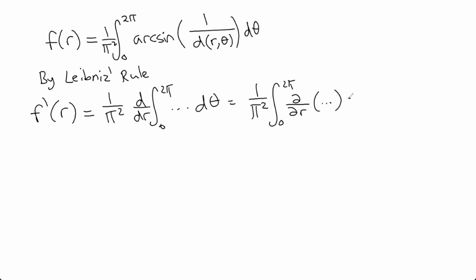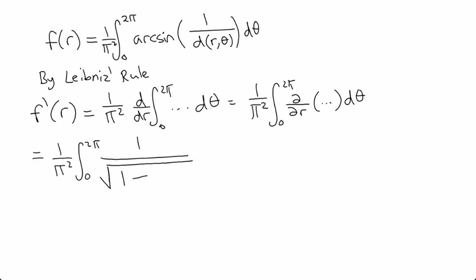Essentially, you can swap, in some cases, the order of the derivative and the integral. The derivative of arcsine is 1 over the square root of 1 minus x squared.